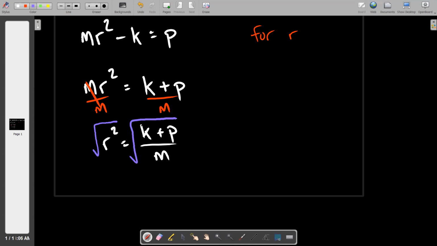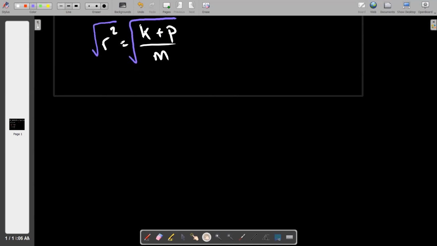The idea is that on the left side, what happens when I square root r squared? It just becomes r. That's the whole idea, is that I use that square root to get rid of that exponent that's bugging my variable. And then the right side, I simply write the square root of k plus p over m.